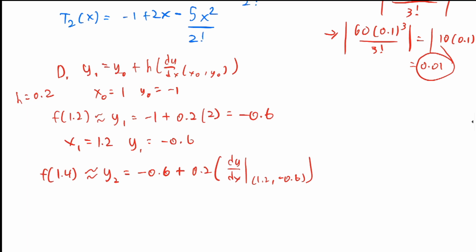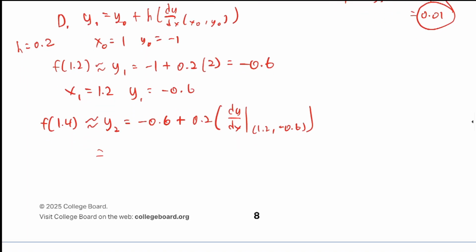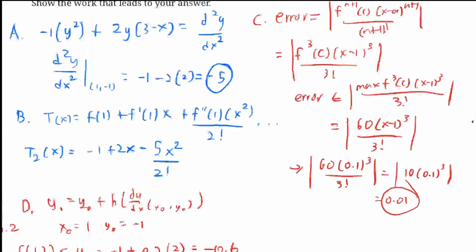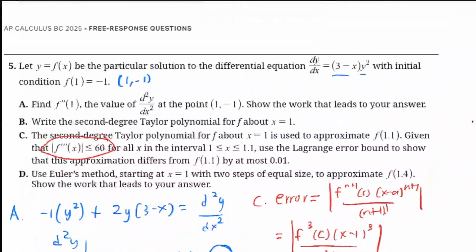So you would find that. So we plug in 1.2 and negative 0.6 into the derivative. So 1.2 here and negative 0.6 there.